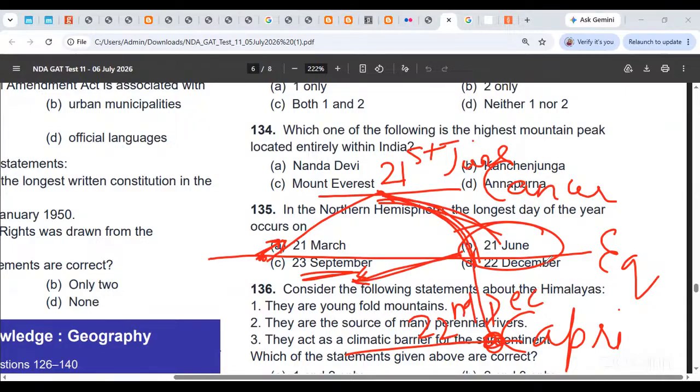Okay, and the places beyond the Tropic of Cancer get to experience 24 hours of daylight. So the sun never sets there. So the places beyond that are called the land of the midnight sun, because even at midnight you can see the daylight.